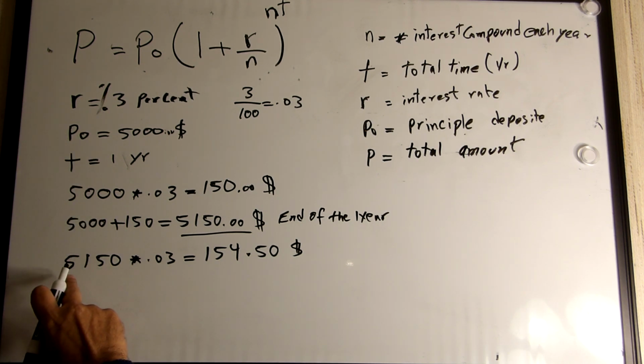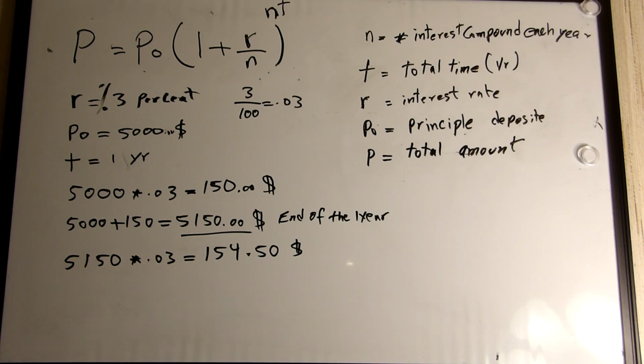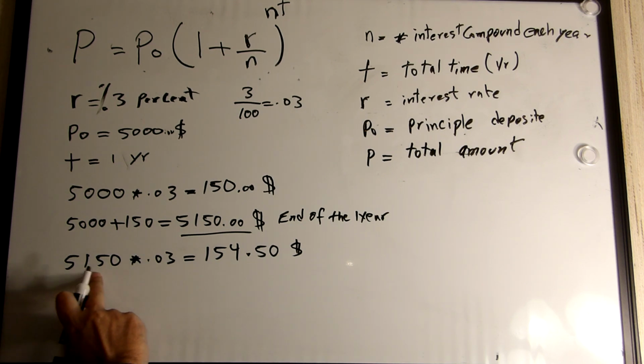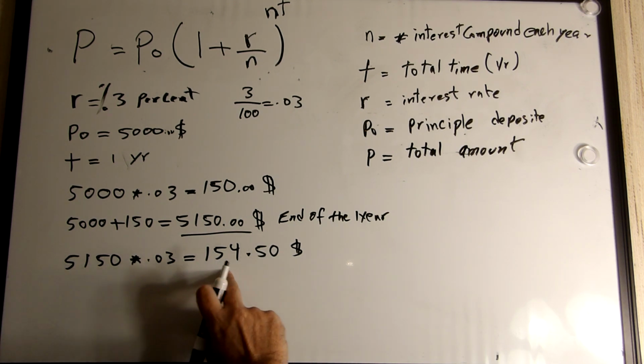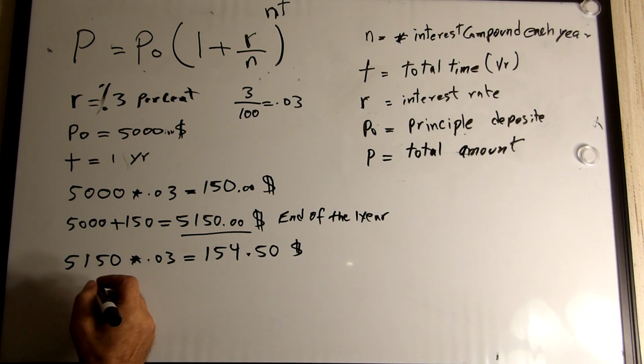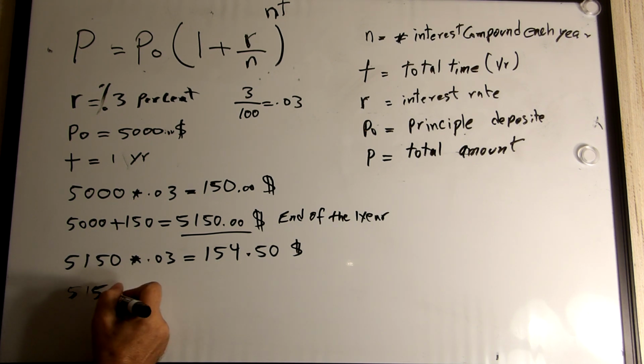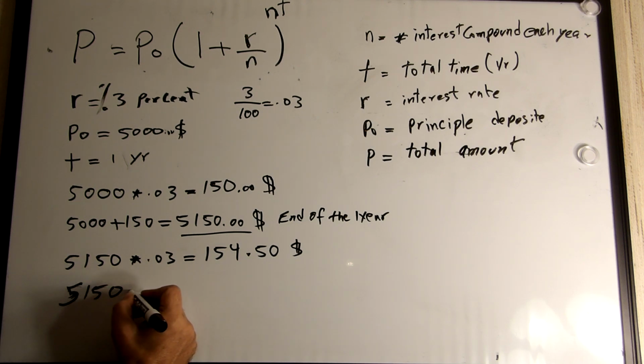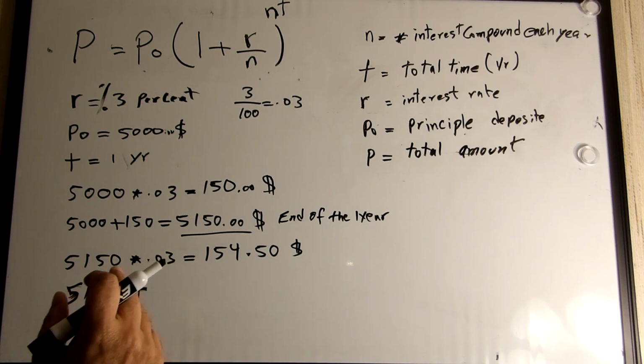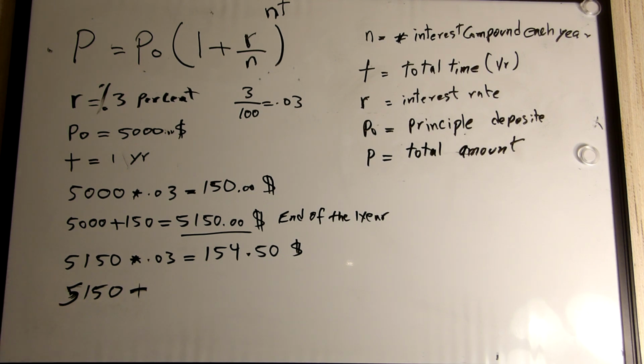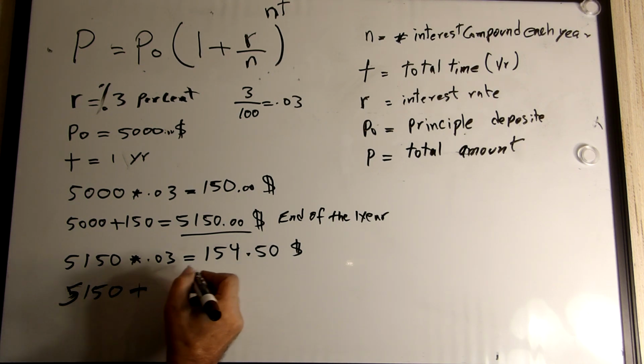And the money that you had at the beginning of the second year was 5,150, but at the end of the year, just the interest is going to be 154.50. That's the principal deposit at the start of the second year, 5,150, plus just the interest.